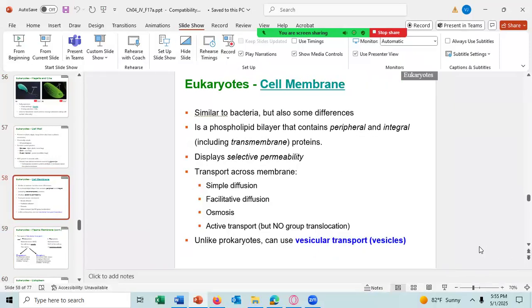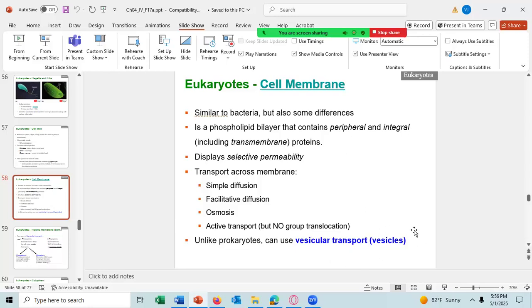I guess one thing that the eukaryote cell has that the prokaryote cell lacks is that eukaryotes can move material across the cell membrane by vesicles, called vesicular transport, where a membrane-bound organelle called a transport vesicle brings material to the cell membrane, and the vesicle can actually fuse with the cell membrane, and then the vesicle can dump the molecules inside the vesicle to outside the cell.